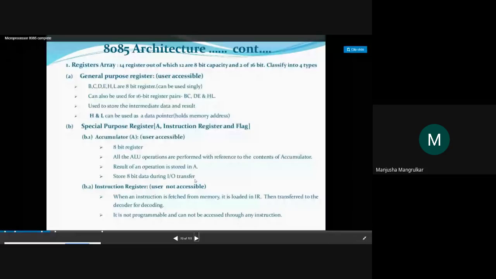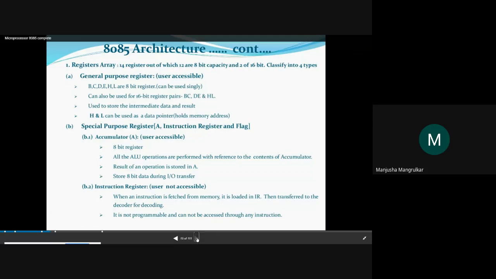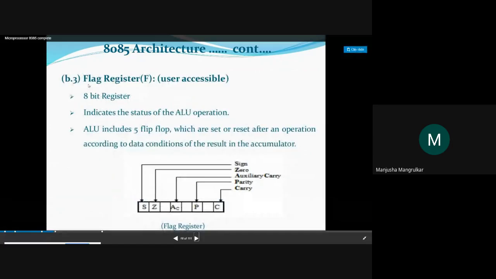Then the instruction register is not user accessible. When an instruction is fetched from memory, it is loaded to the IR and then transferred to the decoder for decoding. It cannot be accessed through any instruction.